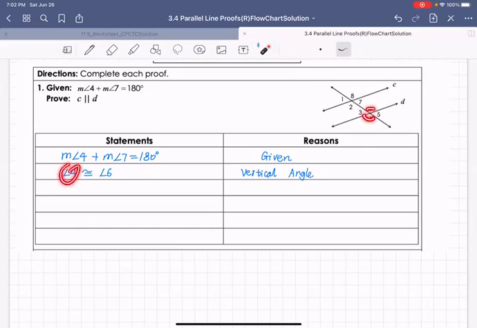Next, if these two angles are congruent, we will write down measurement of angle 4 equals measurement of angle 6. Do you know what we should put here? Definition of congruent angles. Yes, okay. Because the two angles are congruent, this is the definition of congruent angles.